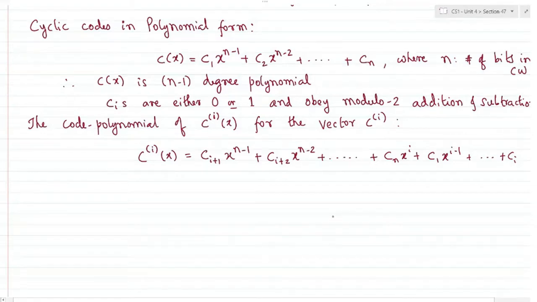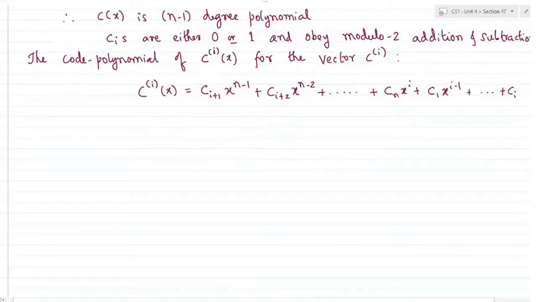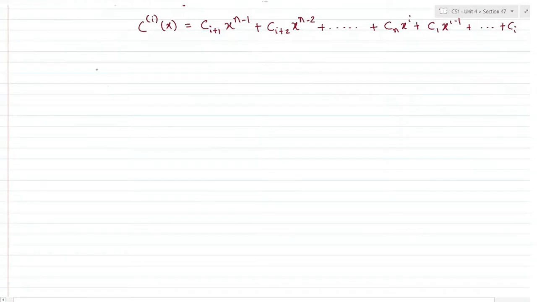So that would be the structure in general of the polynomial representation of the code word and the cyclically shifted code word. With this we can draw one of the important and interesting properties of code polynomials, an important property which will help us in generating or building the generator matrix.